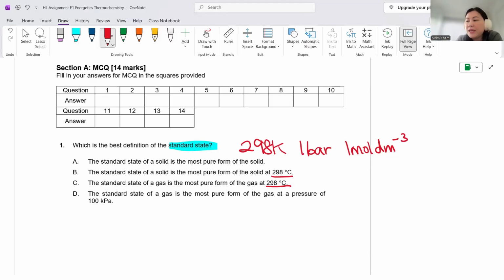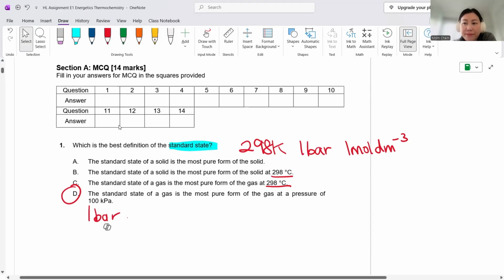And therefore, the answer for this question will be D. Okay, 1 bar is actually 100 kilopascal. So therefore, for gases, we only focus on the pressure. So the pressure will be at 1 bar, which is 100 kilopascal. Okay, so that will be for question 1.